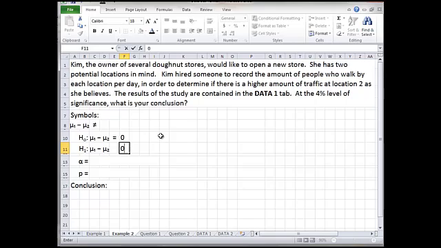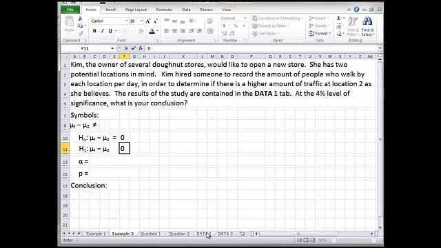So for ease's sake, let's call location 1 sample 1 and location 2 sample 2. And we need to think about, in general, when I'm doing sample 1 minus sample 2, what would indicate having a higher amount of traffic at location 2? Well, if there's a higher amount at location 2, we would have a smaller number for location 1 and a bigger number for location 2.